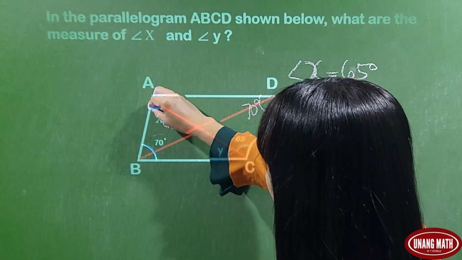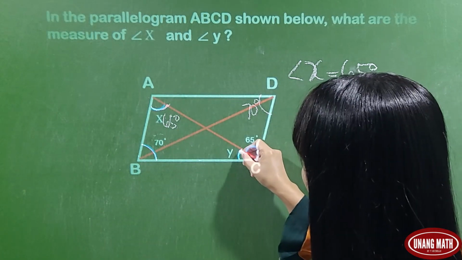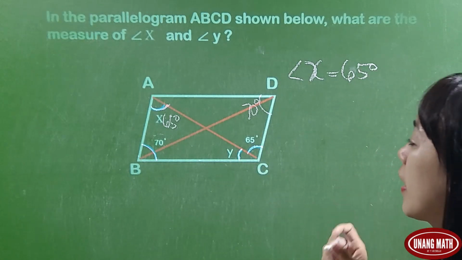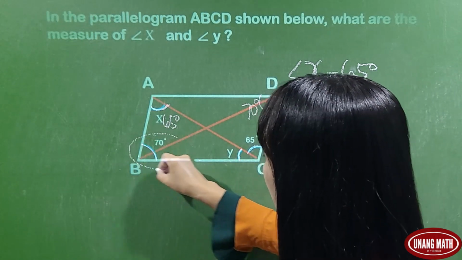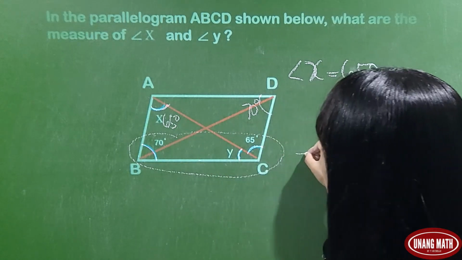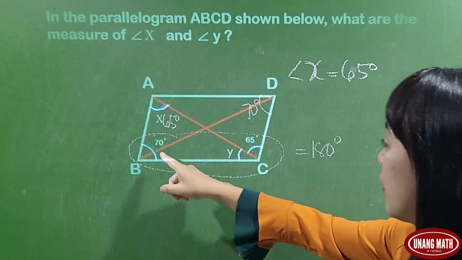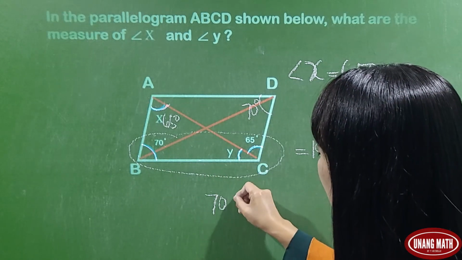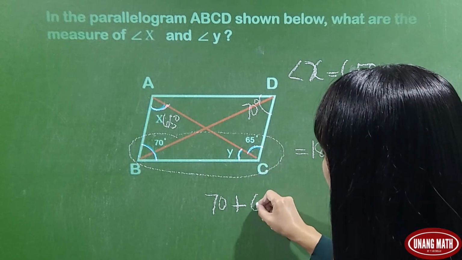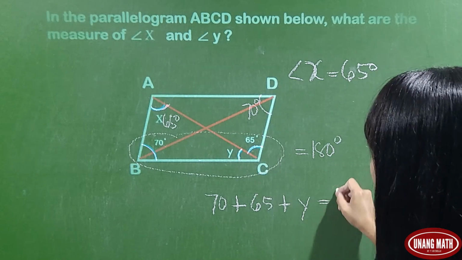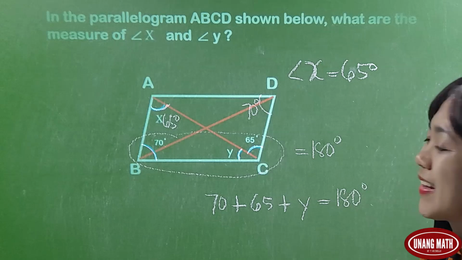Now we have to find this angle Y. Take note, the angles of a triangle must add up to 180 degrees.